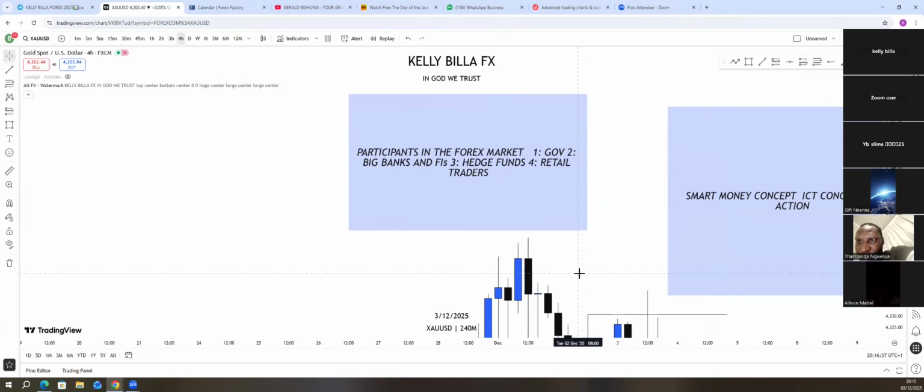Forex is not a scam. Forex is never a scam. But knowing the wrong thing will definitely scam you. So these are the participants in the forex market. And I said smart money traders find themselves around number 2. We are there.